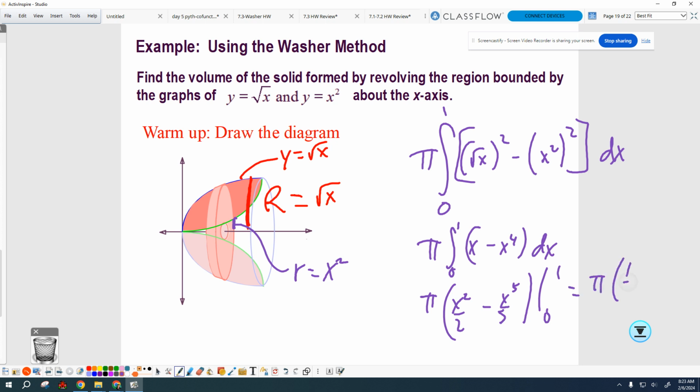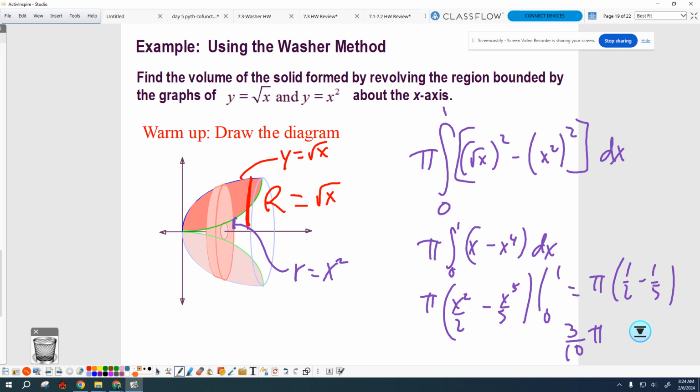So it's pi times 1/2 minus 1/5, which is, what is it? 3/10. 5/10 minus 2/10. Don't forget your pi. Okay, so that's the washer method. Crazy? It takes practice to make sure that you don't lose pi.